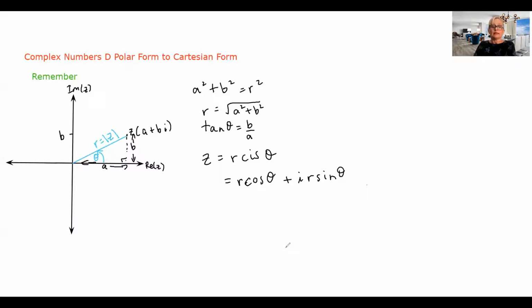Now clearly our real part is our a, and our imaginary part is our b. If we already know this angle here, and we know what r is, we can simply multiply out and work it out. It's really not that hard. I'll show you how to do it. Let's do an example.